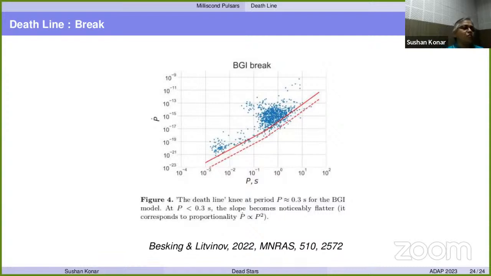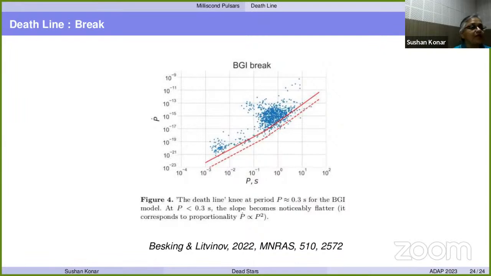So what they have done, they have looked at various field configurations and have figured out what is the field configuration that gives this kind of break in the death line. So they have looked at the data, and they have tried to figure out a field configuration that gives the required kind of death line. So that's their way of doing it.